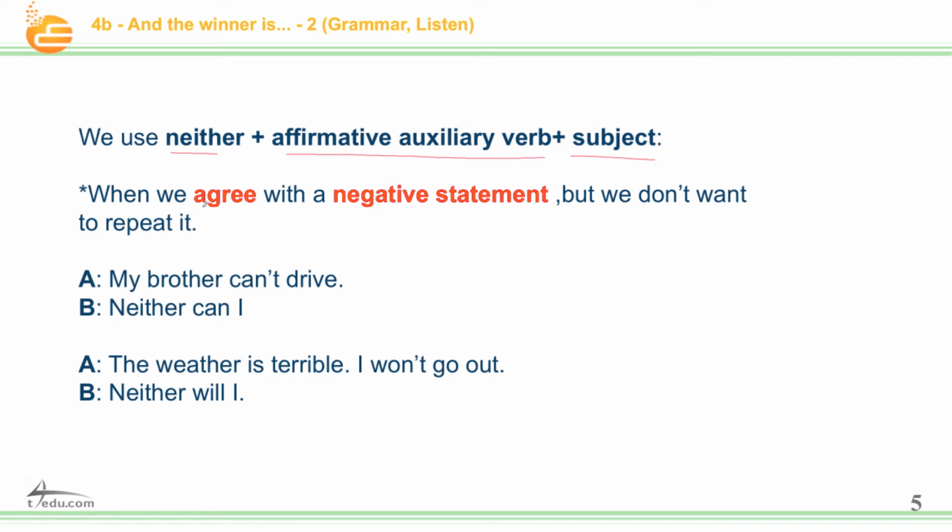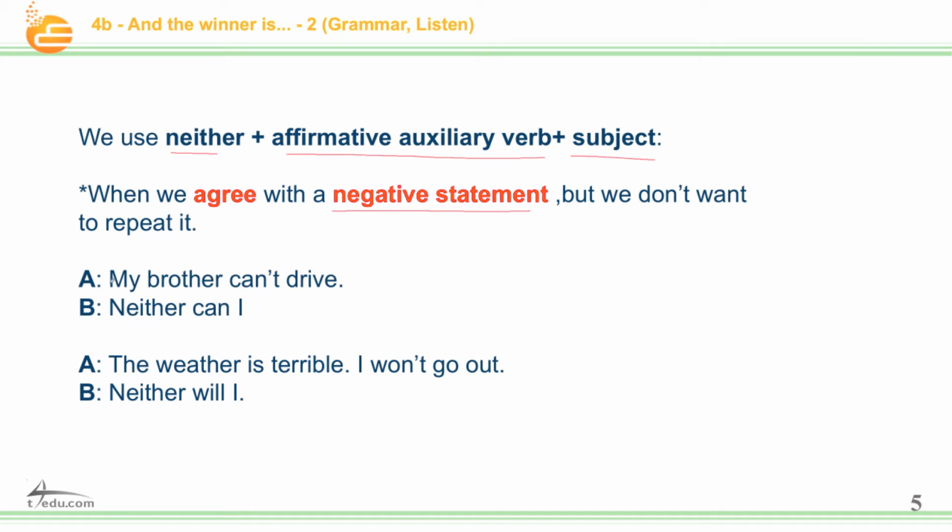When we agree with a negative statement, not affirmative, but we don't want to repeat it. So again, the structure is neither plus affirmative auxiliary verb plus subject. We use it when we agree with a negative statement, but we don't want to repeat it.